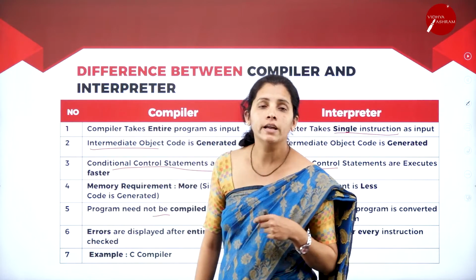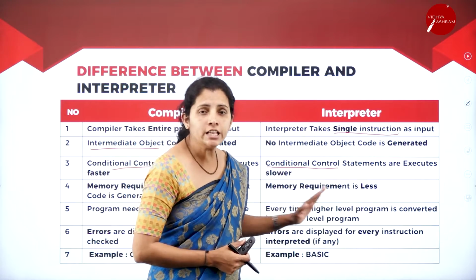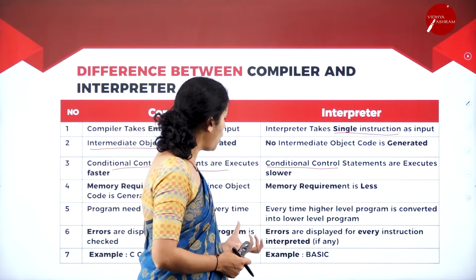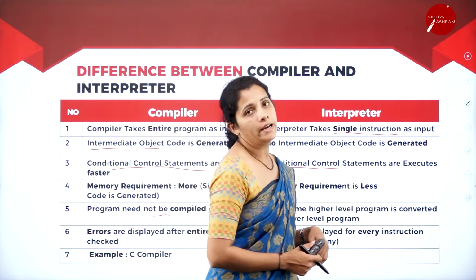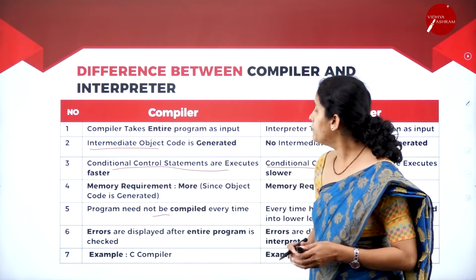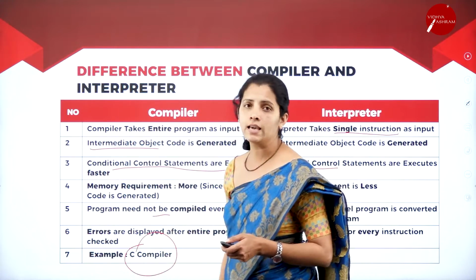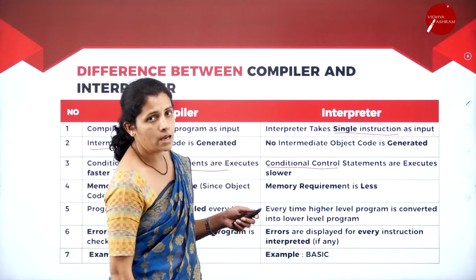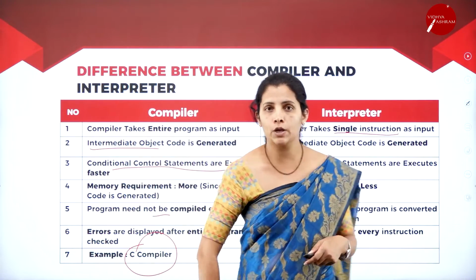If I consider the interpreter, after interpreting each line I can get the errors, that is, errors are displayed after every instruction is interpreted. Now, what is the example for a compiler? That is the C compiler. And the example for an interpreter is the BASIC programming language.